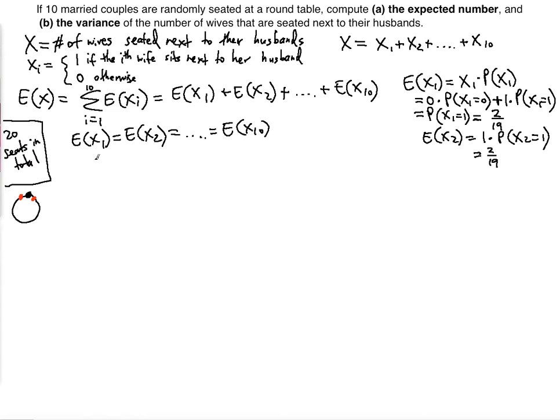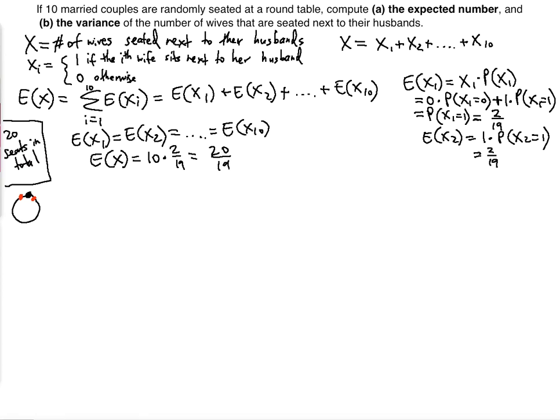So basically, the expected value that you wanted to find, this one here, is going to be summing up 2/19s 10 times, right? Because there will be 10 2/19s, so you might as well just multiply the 2/19 times 10, which is giving you 20/19.